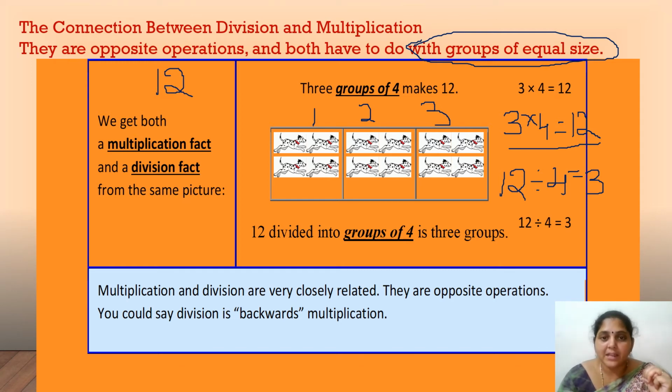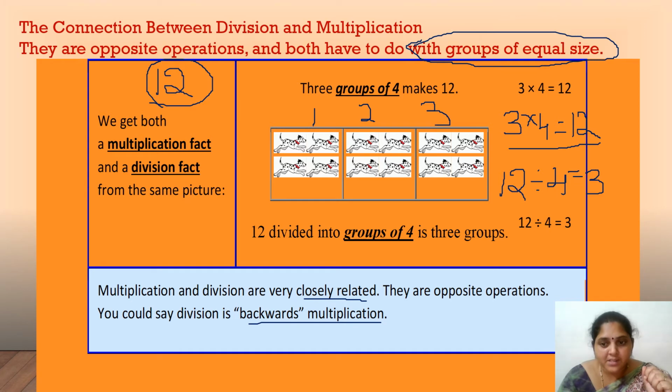Facts. We have taken the total number 12, and this 12 can be written as 3 into 4 is 12, or 12 divided by 4 is equal to 3. Both work oppositely. Multiplication and division are very closely related. They are opposite operations. You could say division is backwards multiplication.